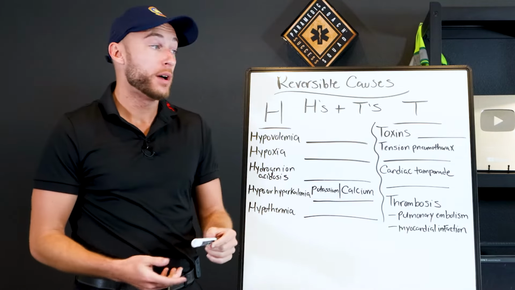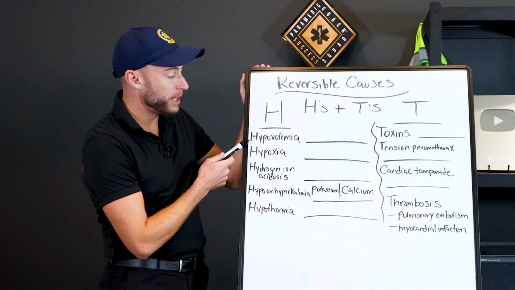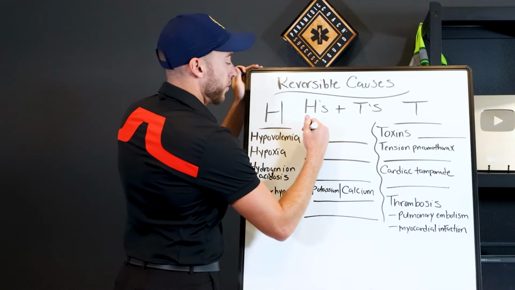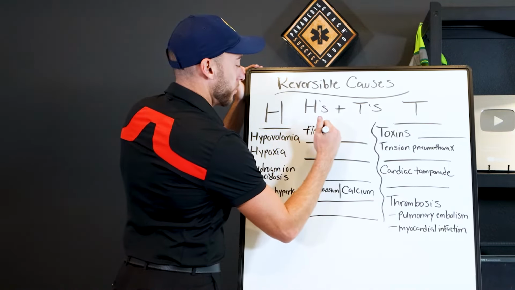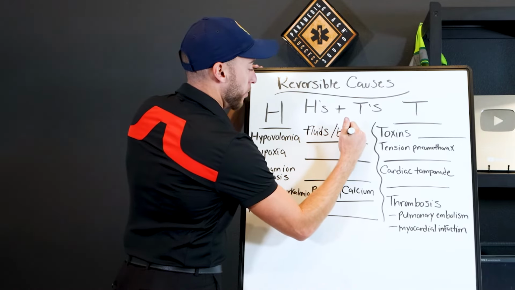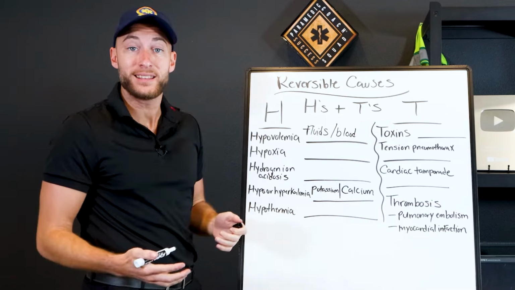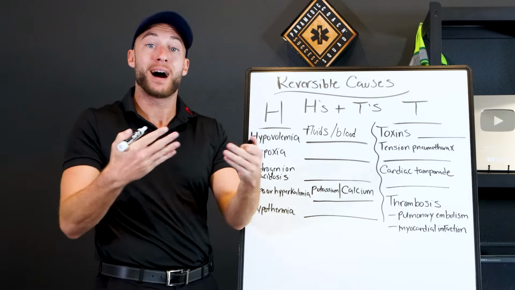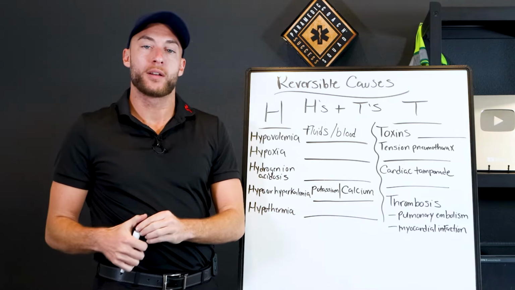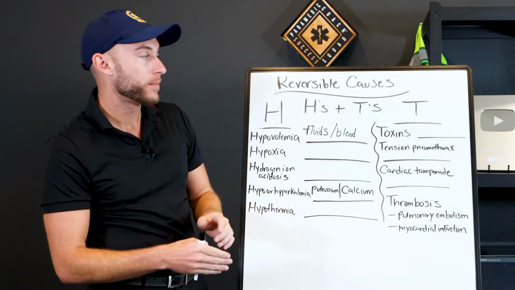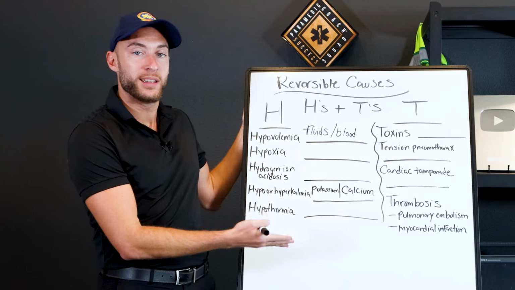So for example, let's say that hypovolemia caused the arrest. Well, if we give fluids, blood to the patient, if they lost it and they need it, that could possibly get them out of cardiac arrest. And we notice that down the algorithm, we find the H's and T's.